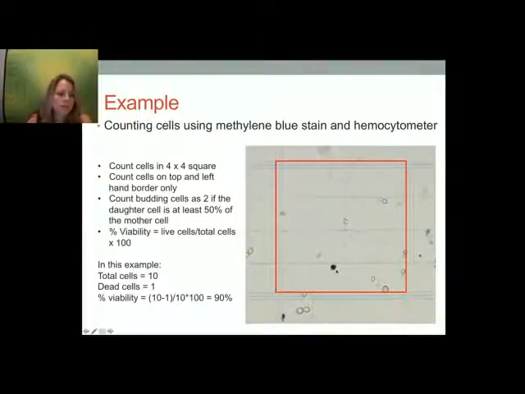In order to get the viability, you take the total number of cells, subtract the dead cell, and that gives you the number of live cells. You divide that by the total number of cells and multiply by 100. This will give you 90%. So in this example, this sample is 90% viable.